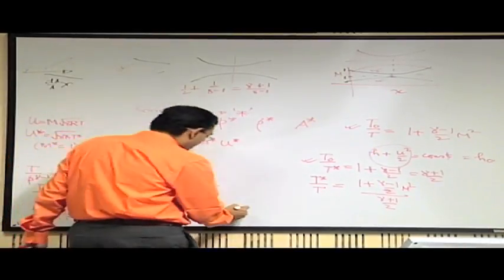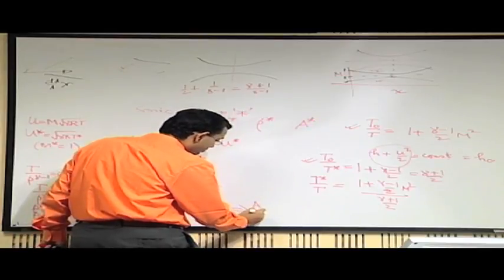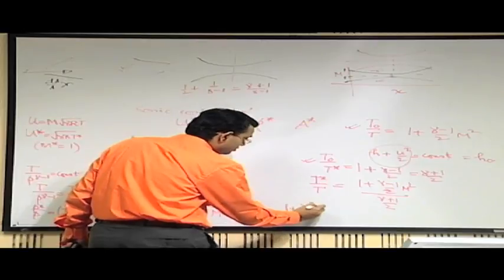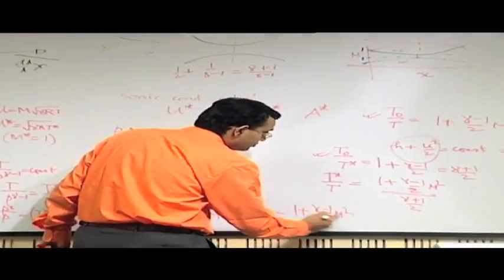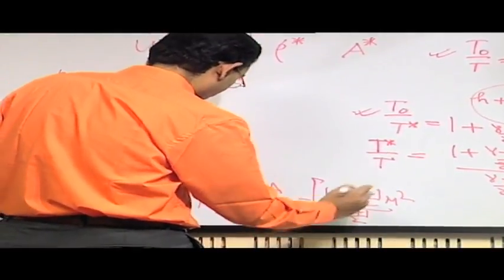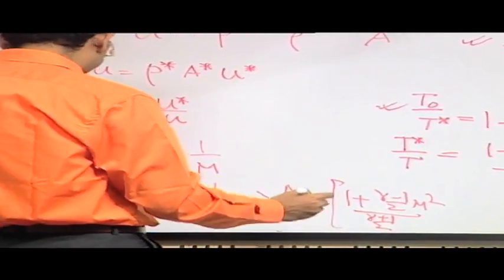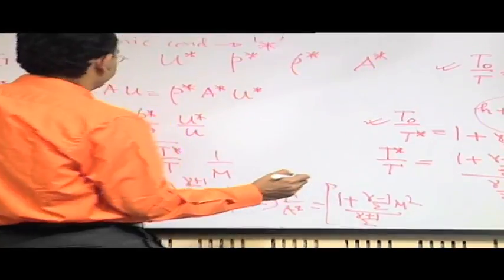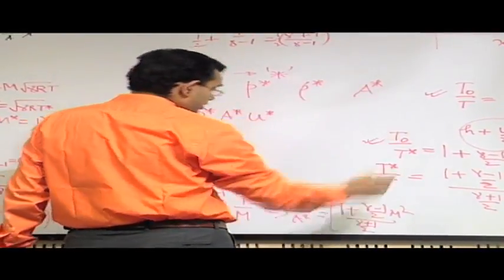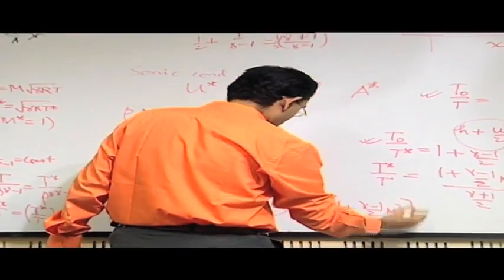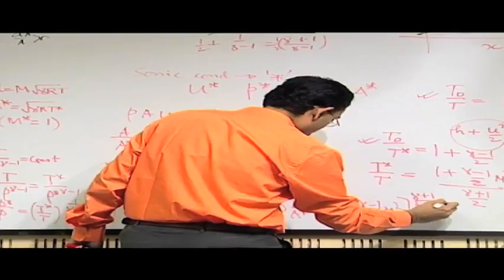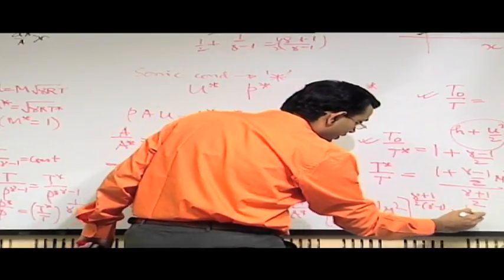That means you have A by A star is equal to 1 by M times the bracket to the power gamma plus 1 by 2 into gamma minus 1.